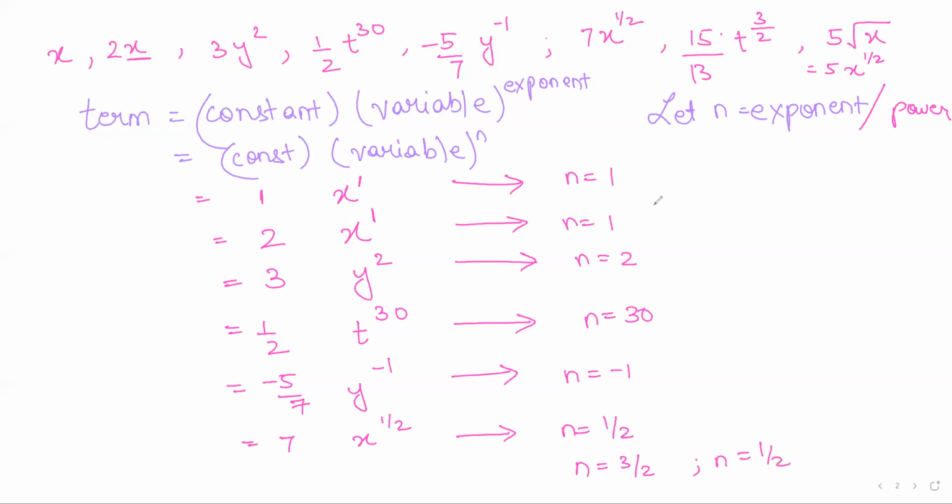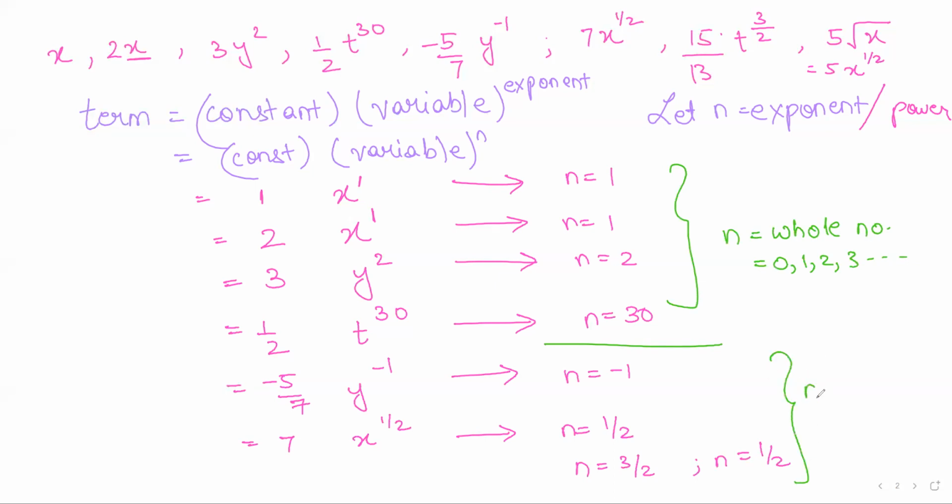Now, if you observe, your exponents are holding varied values. In the first 4 scenarios, your exponent n holds whole number values. Whole numbers are 0, 1, 2, 3 till infinity. In the last 4 scenarios, your n is not a whole number, your n is negative or it is a fraction.